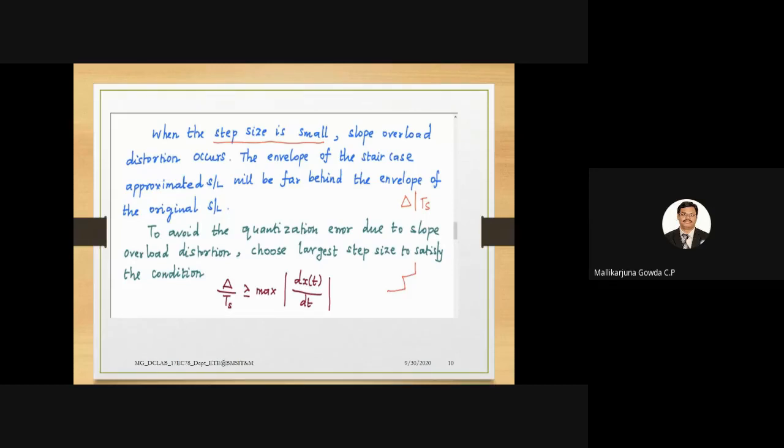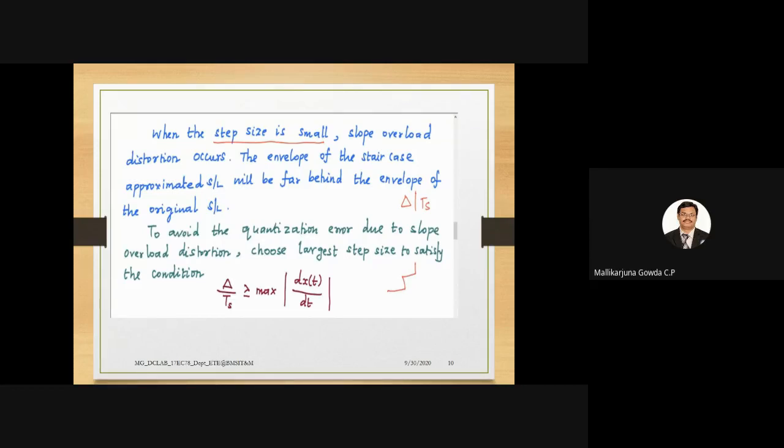See, the envelope of the staircase approximated signal will be far behind the envelope of the original signal. So to avoid the quantization error due to this slope overload distortion, what we need to do? We need to choose the largest step size that should satisfy this condition. What is that condition?